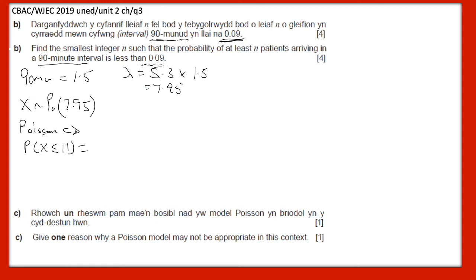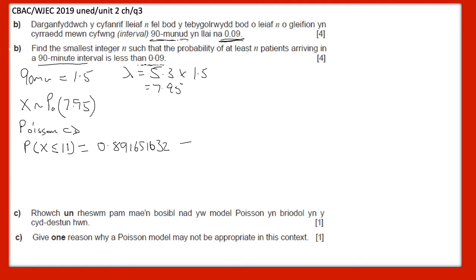And using my trusty calculator, so menu 7, downward arrow, Poisson CD, 2 for the variables, and I'm going to put in x equals 11, lambda equals 7.95, and my trusty calculator gives me a very, very long number, 0.8916516632.